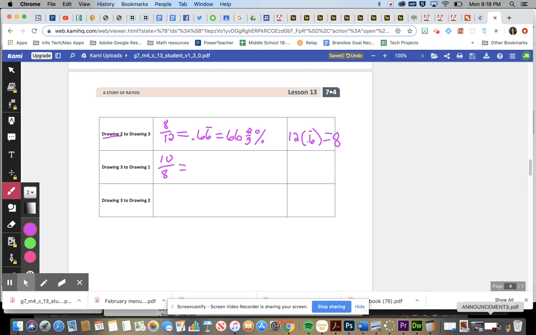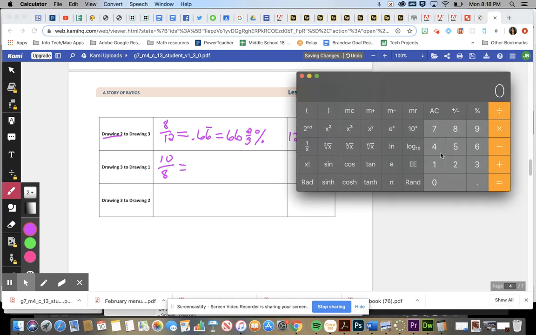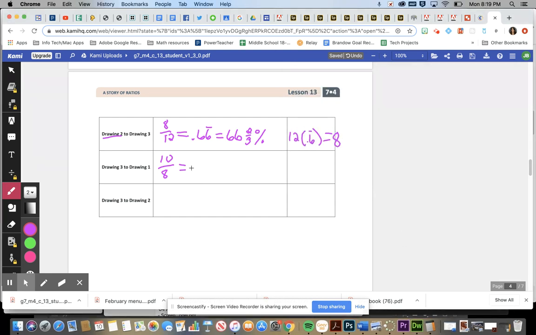And then if I divide those, 10 divided by 8, 1.25 as a decimal, which is 125%.